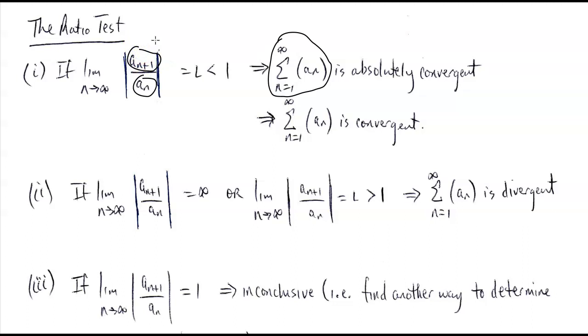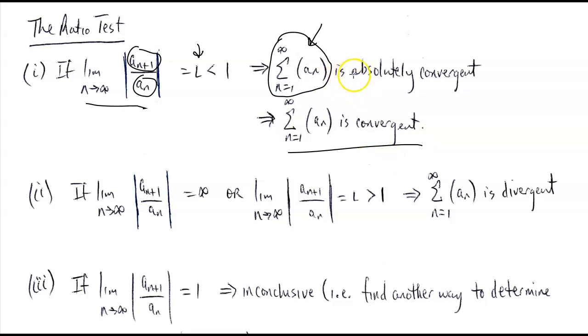We want to do the quotient of a sub n plus 1 divided by a sub n, take the absolute value of that, and then evaluate the limit of that result. If we get some real value that is less than 1, then we know that the series we were considering is absolutely convergent, which by default means that the original series we were looking at is also convergent.